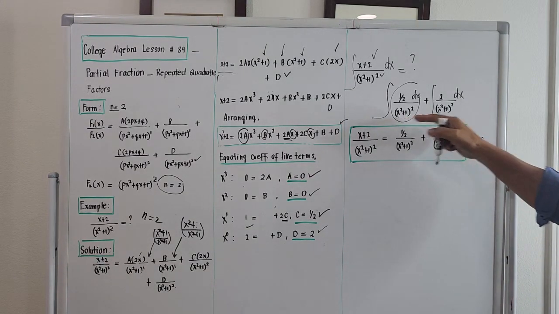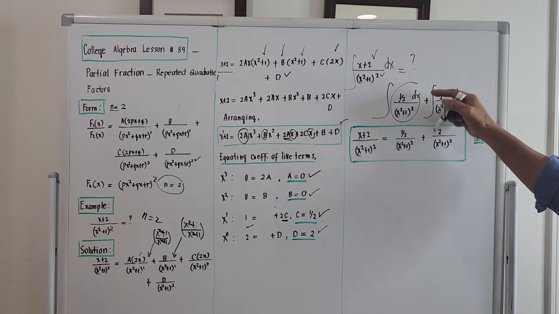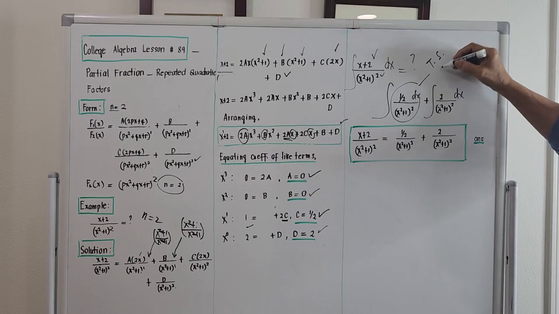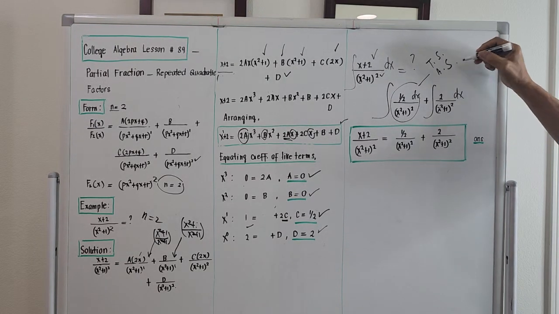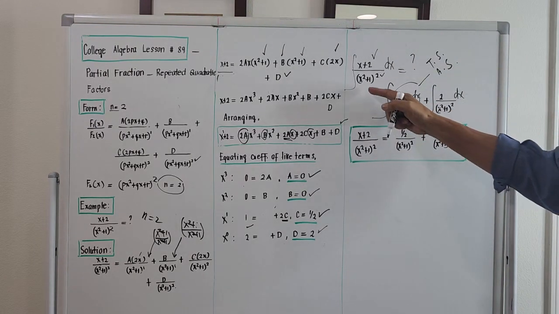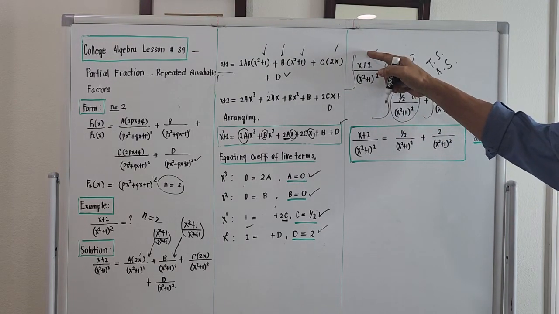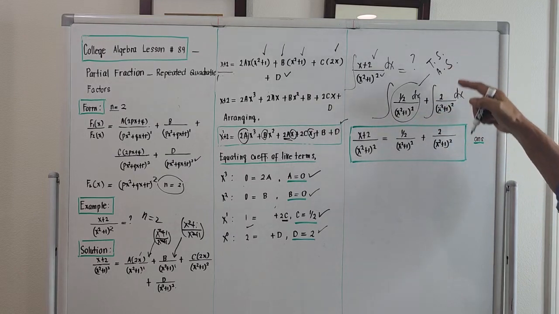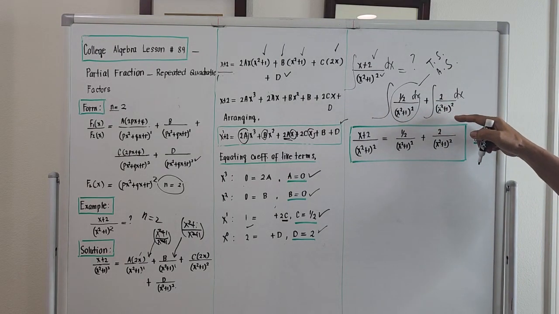It is still a complicated problem because we will use maybe trigonometric substitution here or algebraic substitution. But the equivalent of this one as partial fractions will be 1 half over x squared plus 1 quantity squared plus 2 over x squared plus 1 quantity squared.